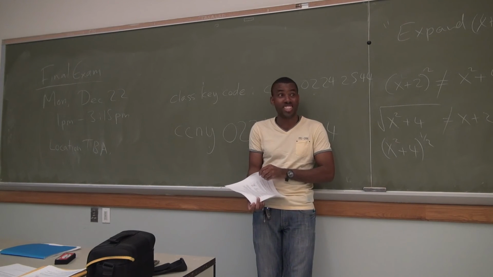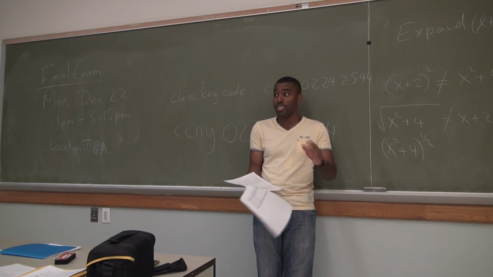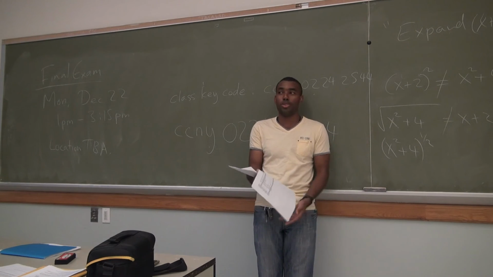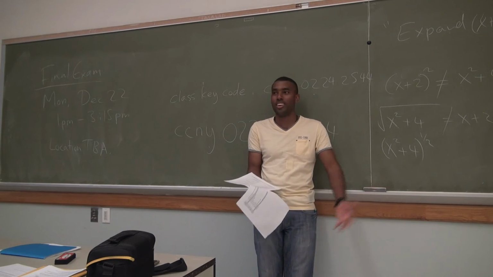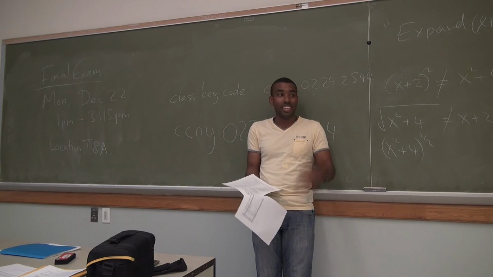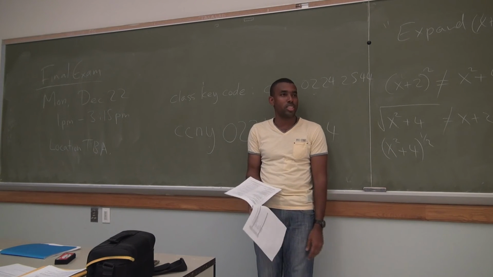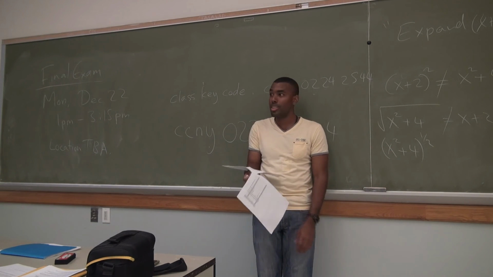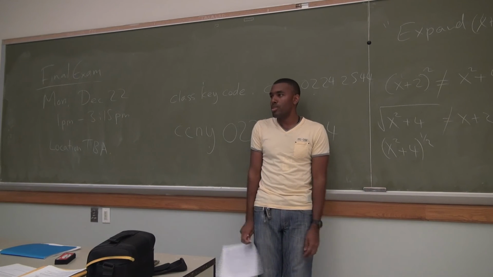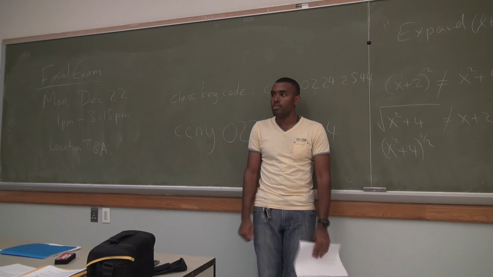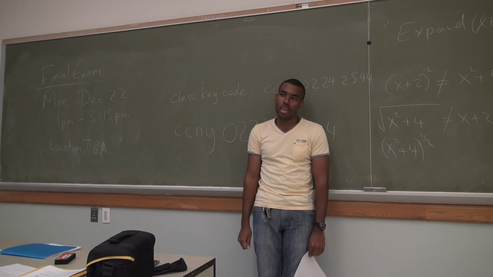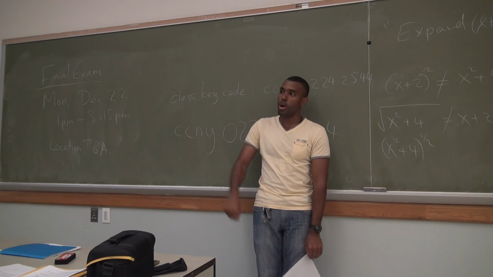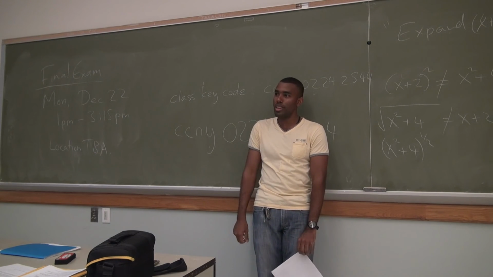This is going to be the hardest thing you've ever done in your life, up to this point, until you get Calc 2. Depending on who you have it with, that will be the hardest thing in your life. And then Calc 3. Some people think Calc 3 is easier. It depends on your personality type. If you like formulas, memorizing, and doing a lot of problems, Calc 2 is easier.